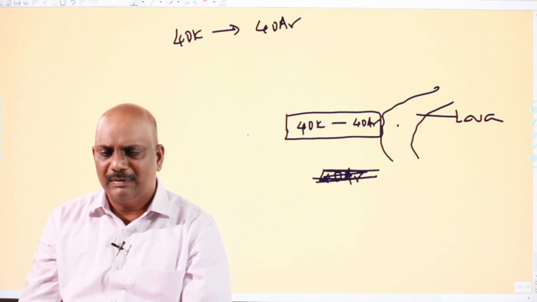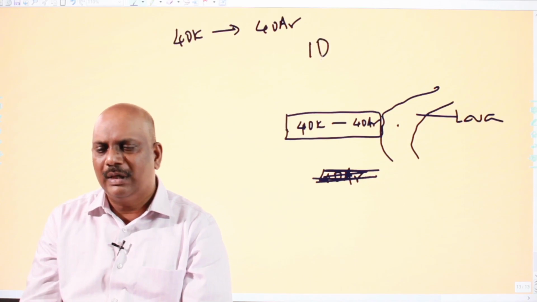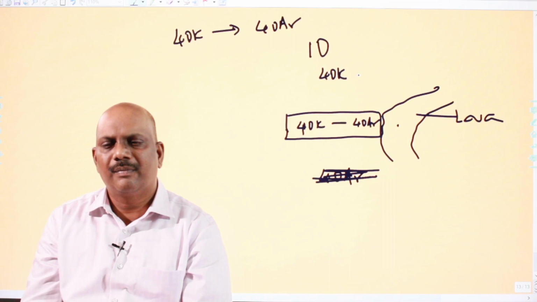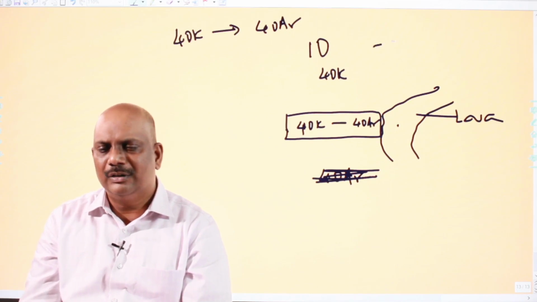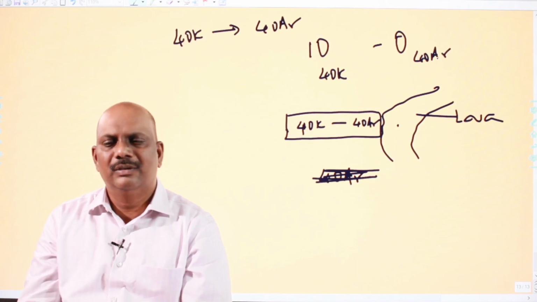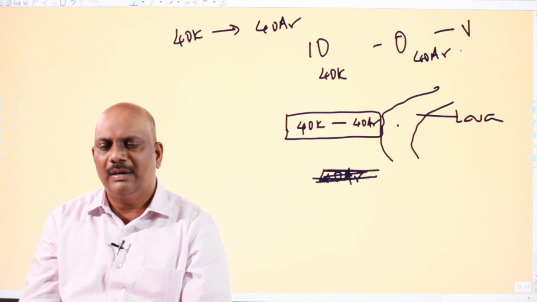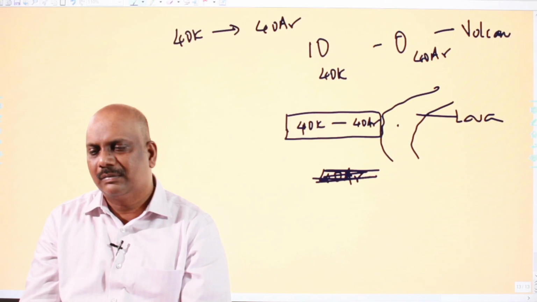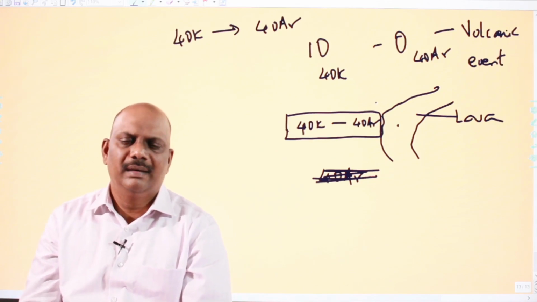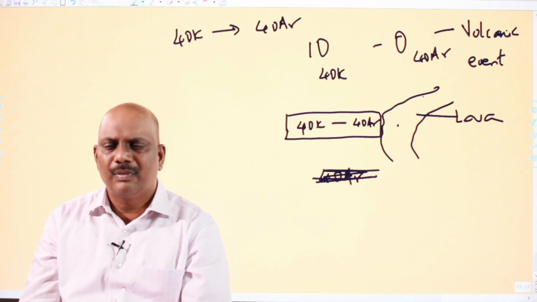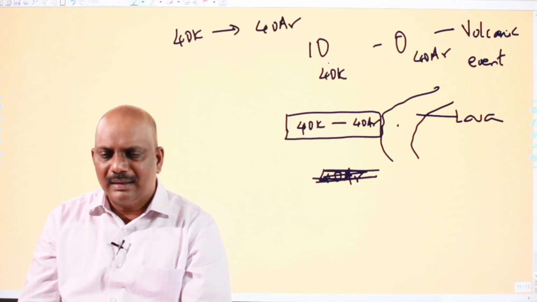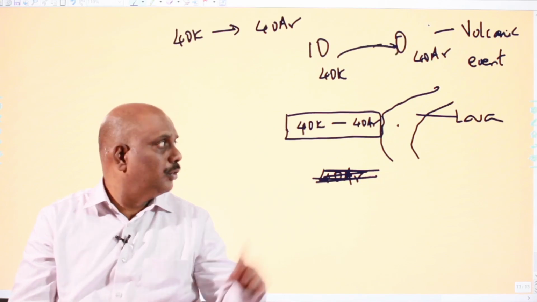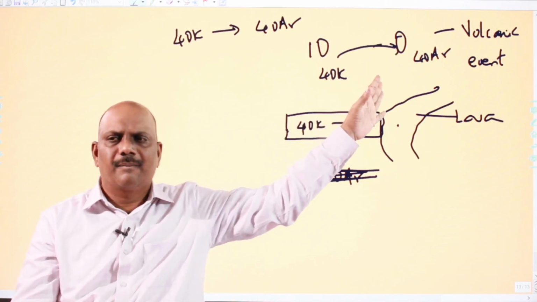Suppose there are 10 units of 40K and 0 units of 40 argon. This was the time when the volcanic event happened. With the passage of time, slowly this 40K will decompose to 40 argon.